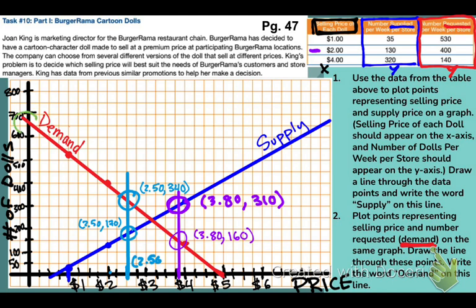So that looks like it's right about there. So when our price is $0, it looks like it might be just above 650. I'm going to call it 660. 650 is right around there too.